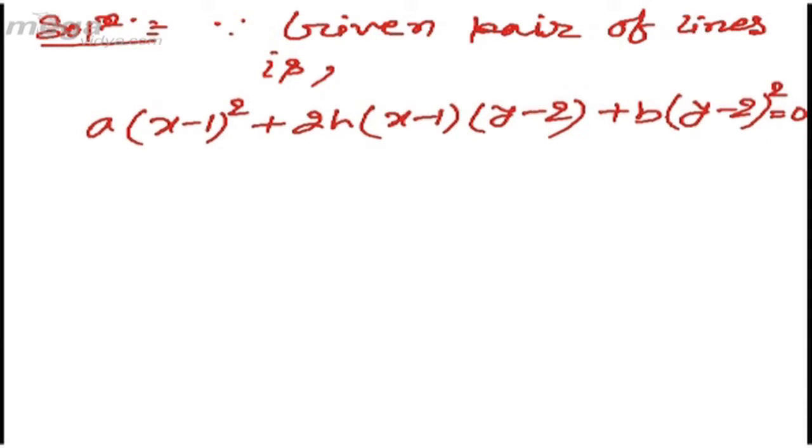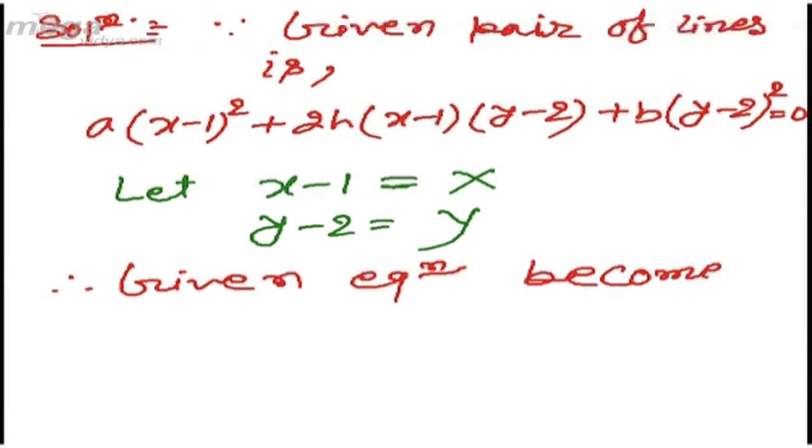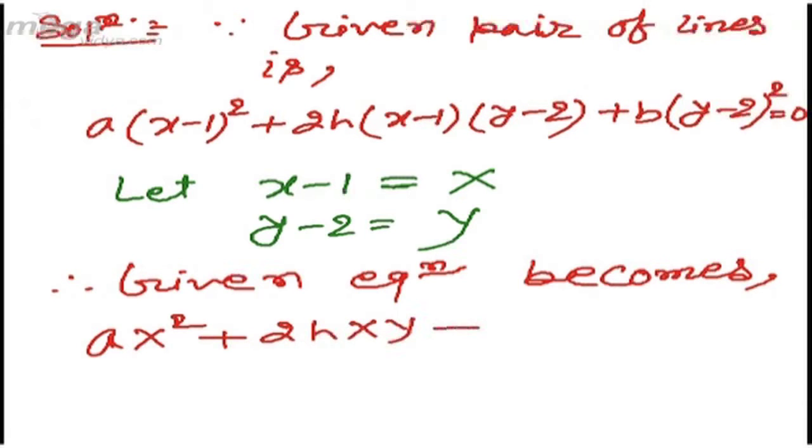Suppose, student, I am taking x minus 1 equal to X and y minus 2 equal to Y. So therefore, the given equation becomes aX square plus 2hXY plus bY square is equal to 0.